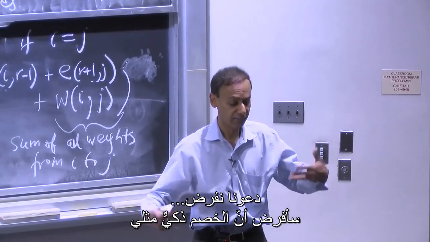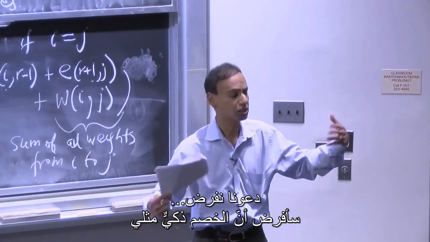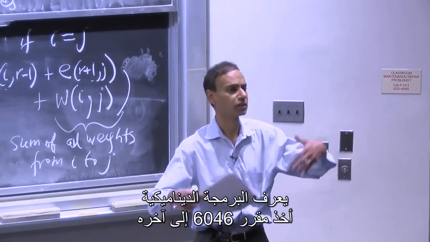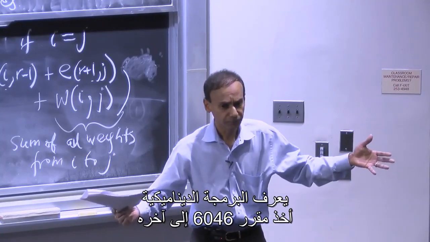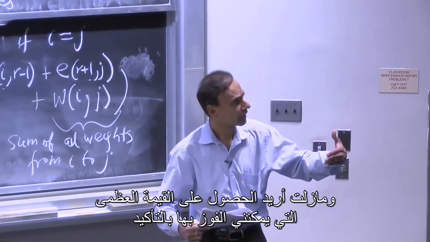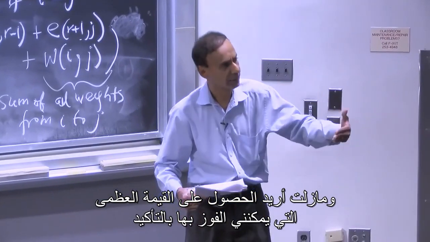Let's assume that the opponent is just as smart as I am, knows DP, has taken 6.006, etc. And I still want to get the maximum value that I can definitely win.